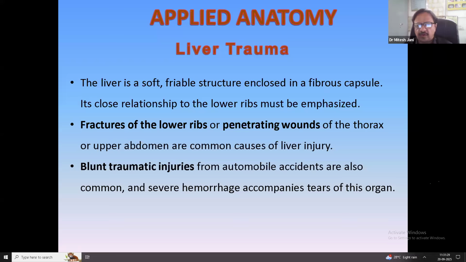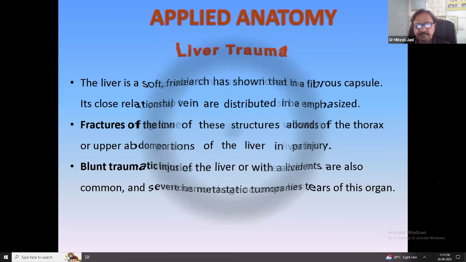So, fracture of the lower ribs or penetrating wounds which penetrate the intercostal space of the thorax or upper abdomen are common causes of liver injury. Blunt traumatic injury, with no fracture and no penetration, from automobile accidents, is also common, and severe hemorrhage accompanies tears of the organ. Rupture of the liver may take place in blunt traumatic injury.